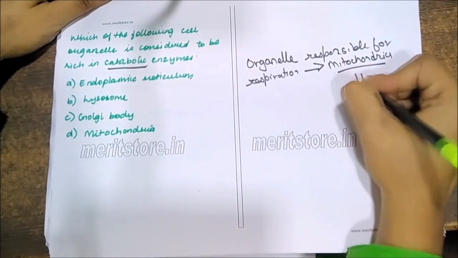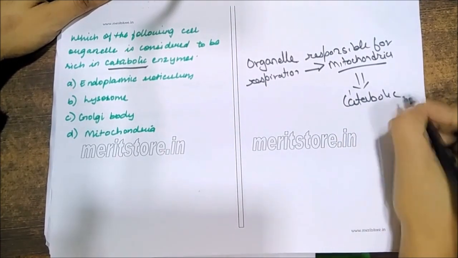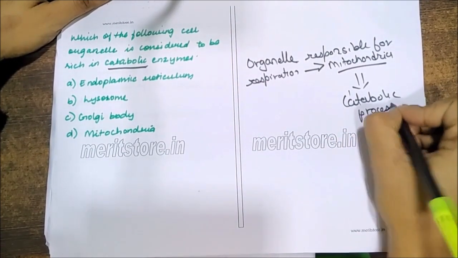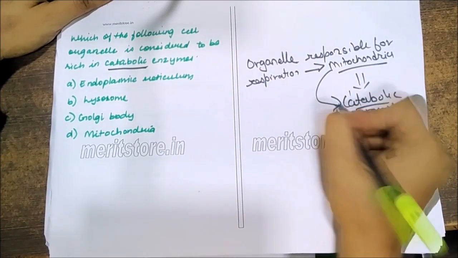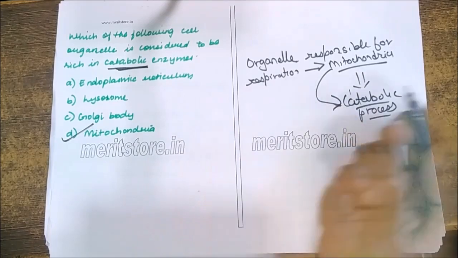It is the mitochondria which is carrying out catabolic processes. Hence, mitochondria would be rich in catabolic enzymes. So the correct option is D.